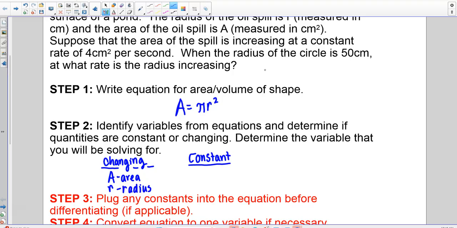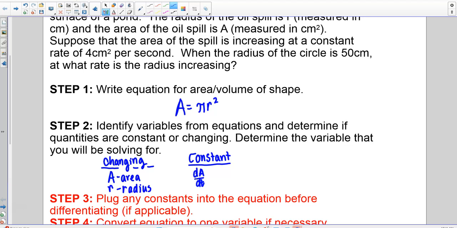So, the area is increasing at a rate of 4 centimeters squared per second. What would be the representation of that? What would I call that in the equation when I take the derivative? A prime, I generally like to use dA dt instead. So that's what you're going to probably see me use most often.